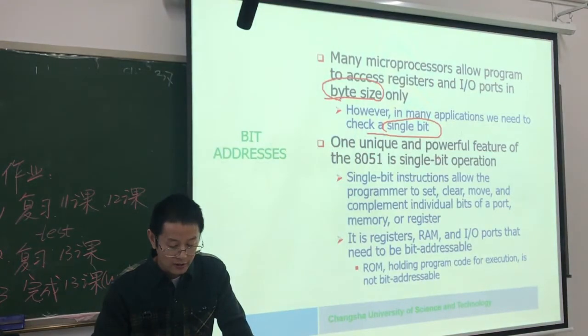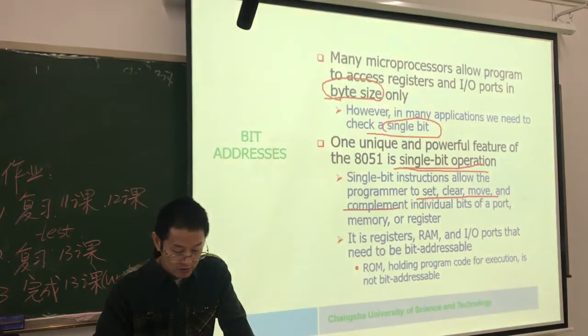One unique and powerful feature of the 8051 is single bit operation. Single bit instructions allow the program to set, clear, move, and complement individual bits of a port, memory, or register.